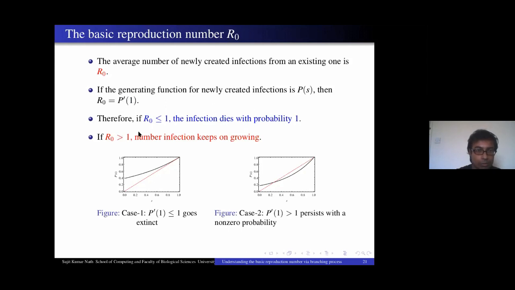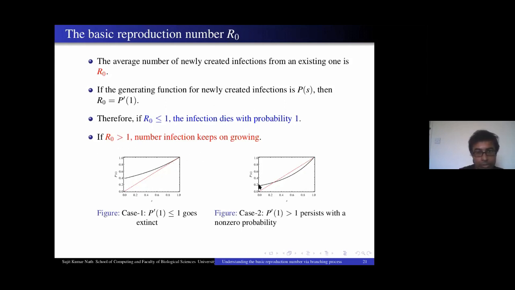What we try to calculate is the average number of newly created infected, by taking contact tracing data or any other data. We just take the average number of people infected by an existing infected person, that is defined as R naught, and if that R naught is less than or equal to 1, then we can say that the infection will die out.